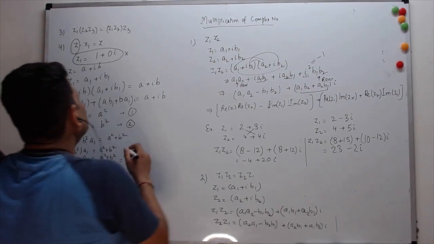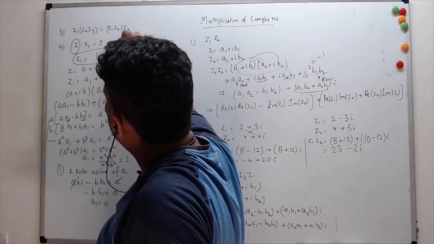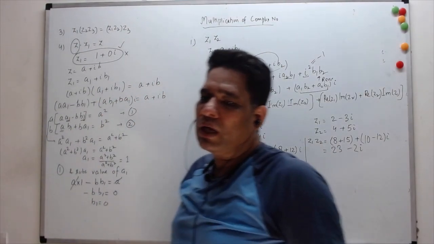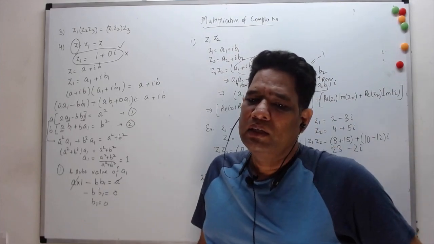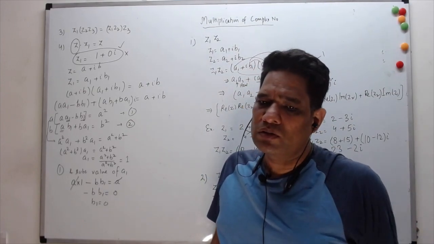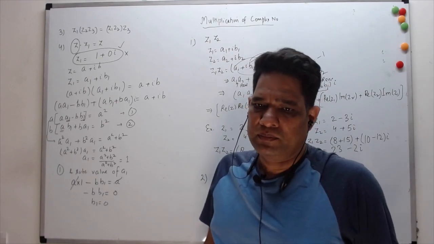So what we can conclude is that z1, which is 1 plus 0i, or the number 1, is also a multiplicative identity in the case of complex numbers, which is also true for real numbers as well. Yeah?